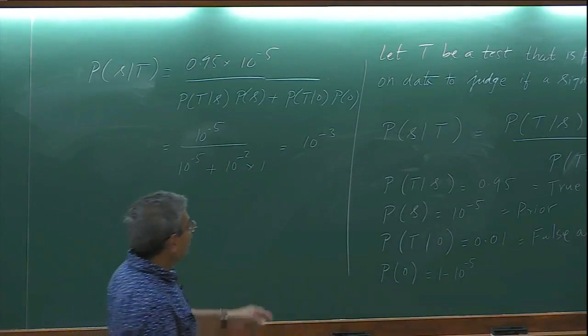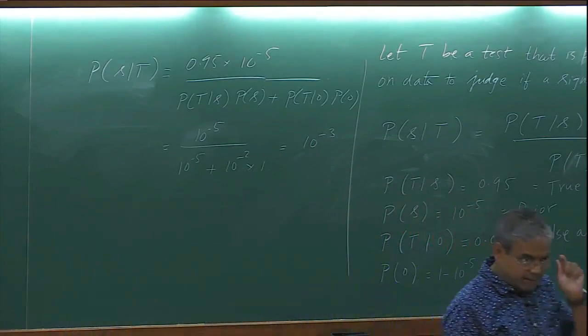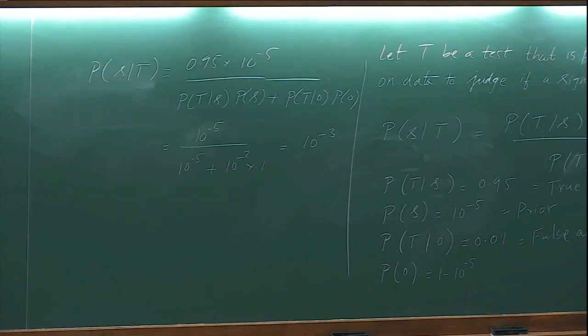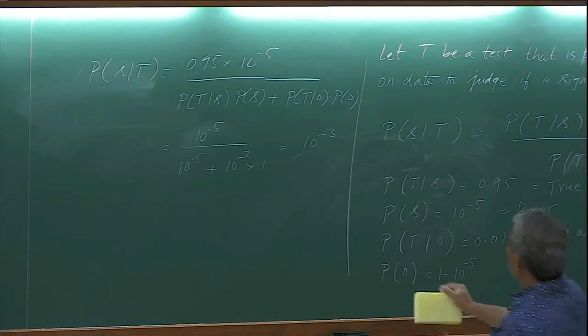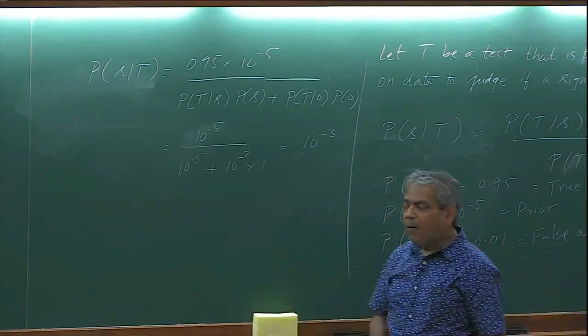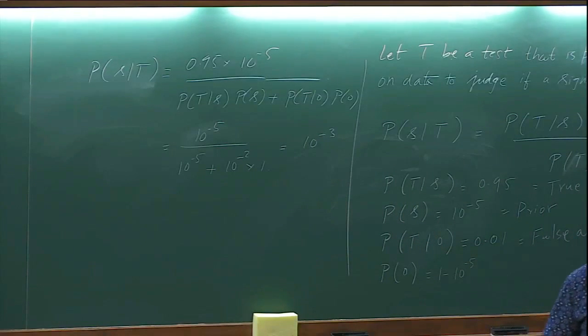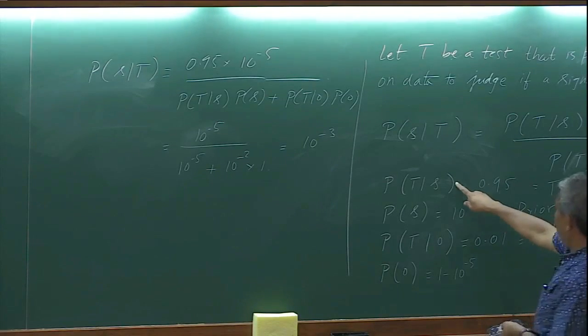So the probability that the data contains the signal is actually pretty low. It's only 1 in 1,000, even though our test is very good. The test is fantastic. I might claim that I have a very good test in detecting signals, both in terms of this as well as here.